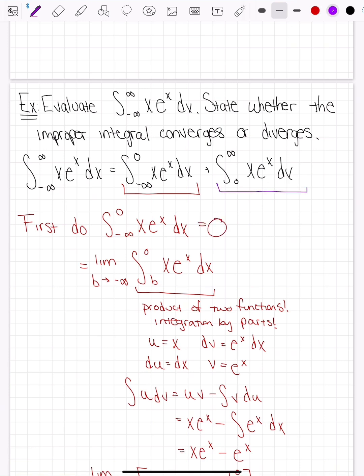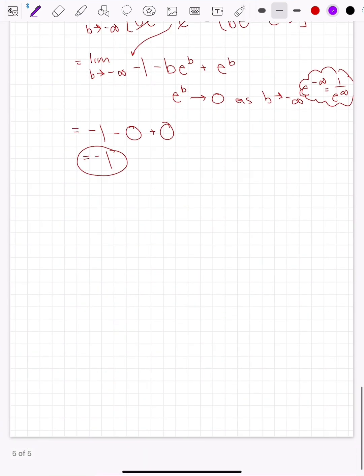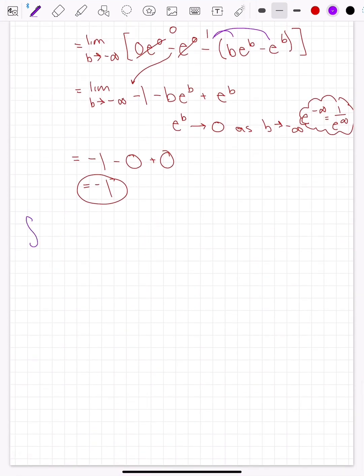And now let's do this one here in purple. From 0 to infinity of x e to the x dx. We're going to change this into the limit. I'll stay consistent with b going to infinity of the integral from 0 to b of x e to the x dx.